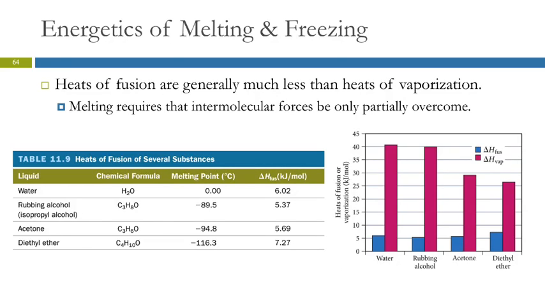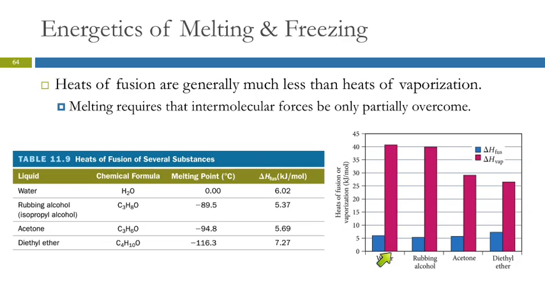So heats of fusion are generally much less than heats of vaporization in magnitude. And that's because you only have to partially overcome the intermolecular forces. You don't have to completely break away. So if we compare, here we have heat of vaporization in the pink and heat of fusion in the blue. To melt the water is just above 5 here, it's 6 kilojoules per mole.